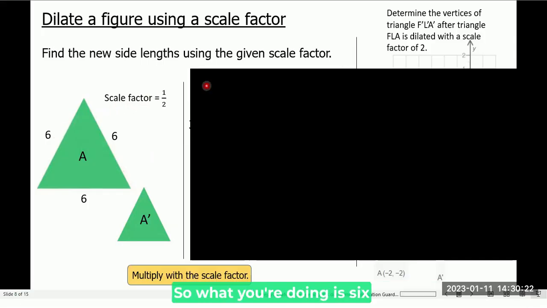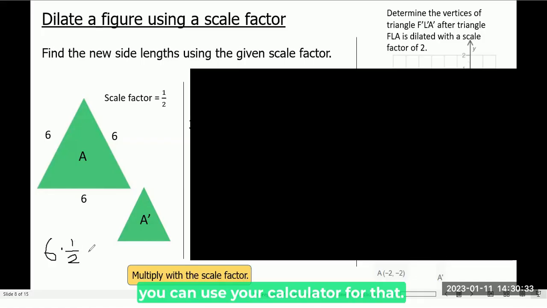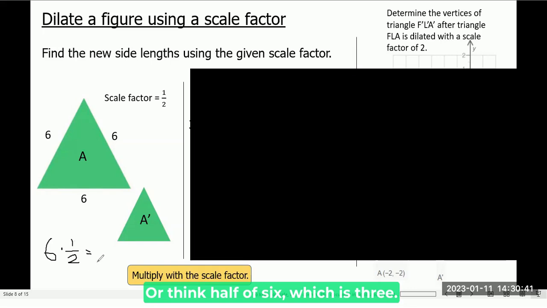So what you're doing is 6 times 1/2. You can use your calculator for that. You can do 6 times 1/2, or 6 times 0.5 if that's easier for you, or think half of 6, which is 3. So each side, 6 times 1/2 is 3.